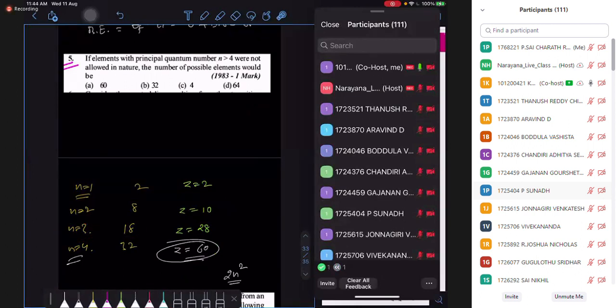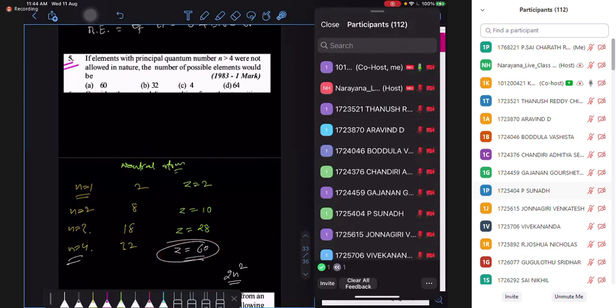N equal to 4, you have 32 electrons in a neutral atom. That is the condition for neutral atoms. He said that if the maximum value of n is 4, then what is the maximum number of elements possible? Different elements I need here means maximum Z basically.